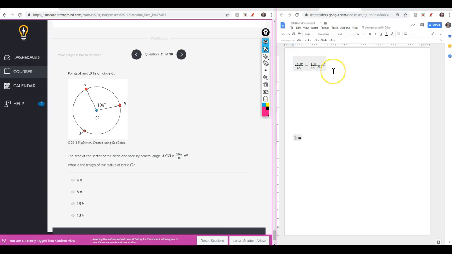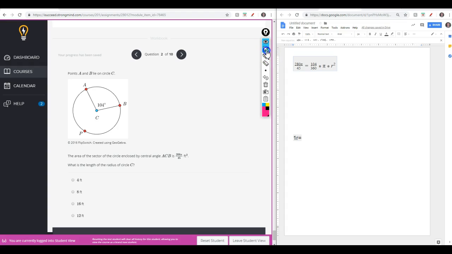So all of these are multiplied. We're solving for r squared, so the first thing I'm going to do is undo the multiplication, since r has a squared attached to it. I'm going to start creating forms of 1.